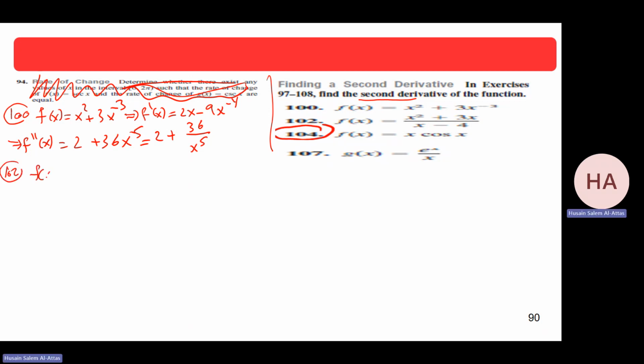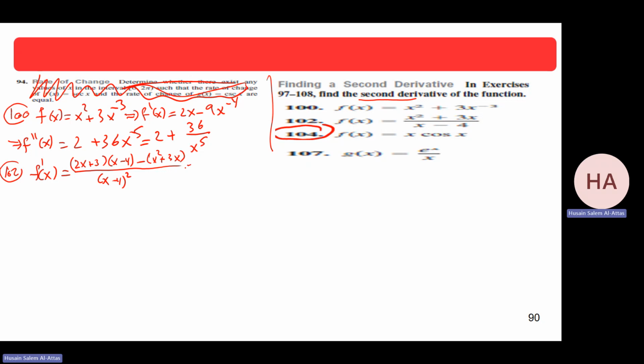What will be f prime? Just a quotient rule. Derivative of the numerator, 2x plus 3, times the denominator, minus the derivative of the denominator, which is 1, times the numerator, all over x minus 4 squared.